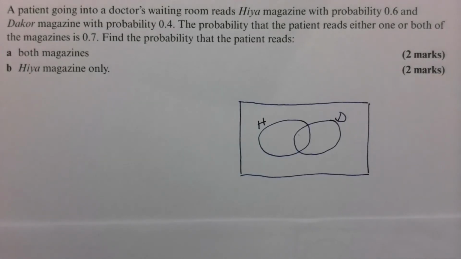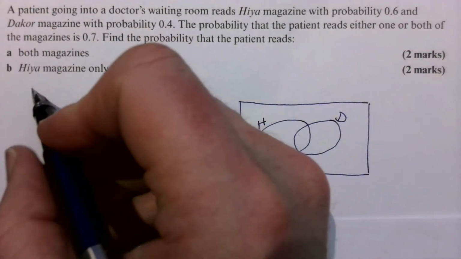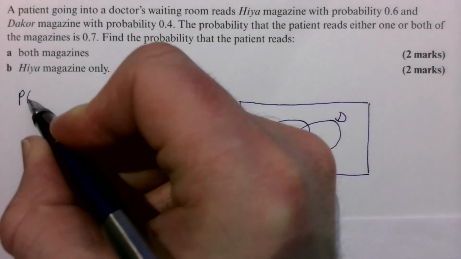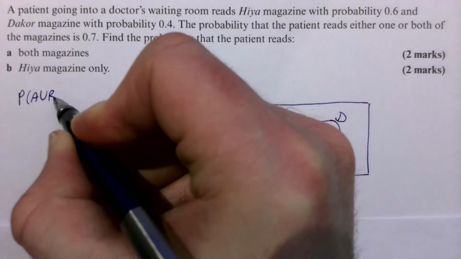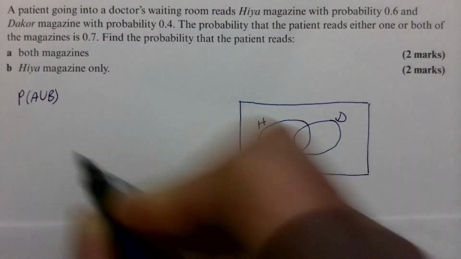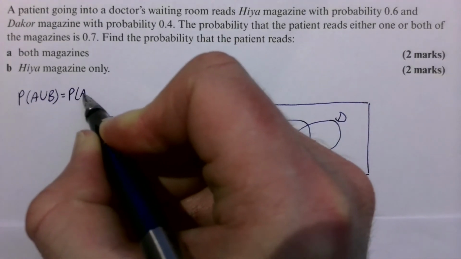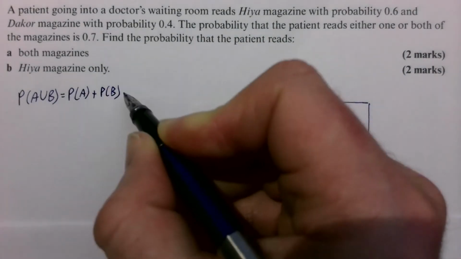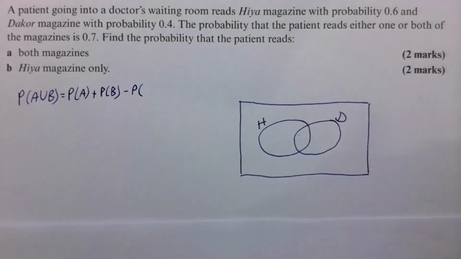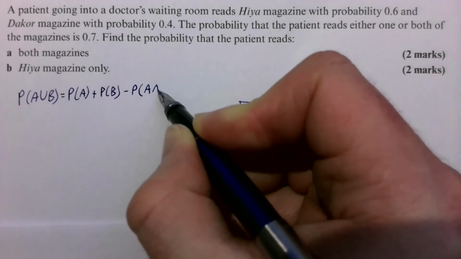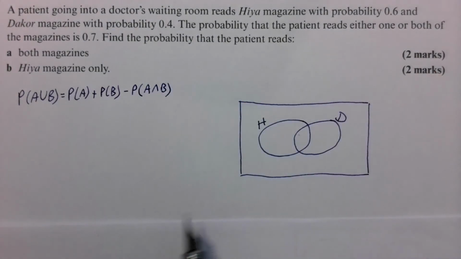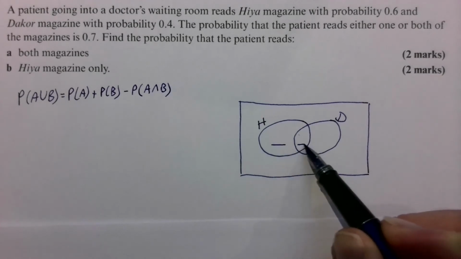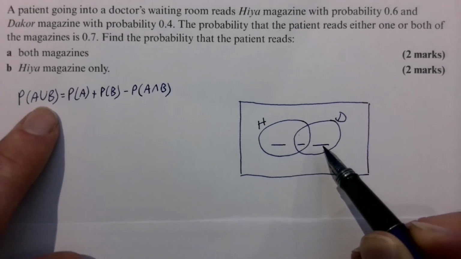Now, this is a deceptively tricky problem at first sight. In the formula booklet, it actually gives you this thing. It says that the probability of A union B, this is on page 7 of the A-level formula booklet, is the probability of A plus the probability of B, take away the probability of A intersection B. So all that's saying really is if you've got these 3 values here, they all add up to make that, don't they?